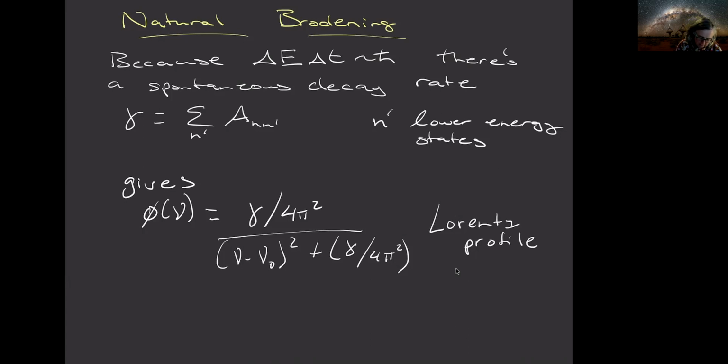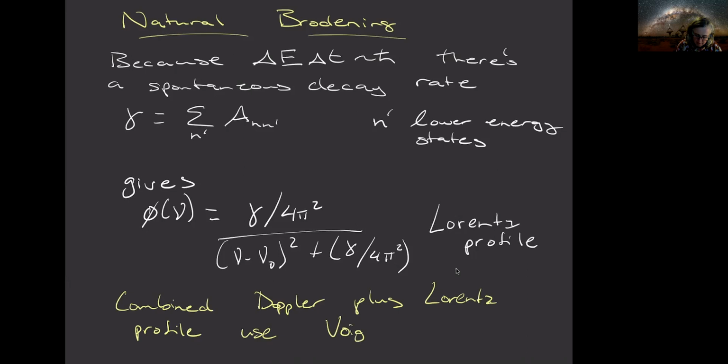Now, the combined Doppler plus Lorentz is described as a Voigt profile. And that's also quite common in the situation where the Lorentz profile with the natural broadening is of the order or similar to the Doppler broadening. You need to put the two things together and use a Voigt function for the entire situation.